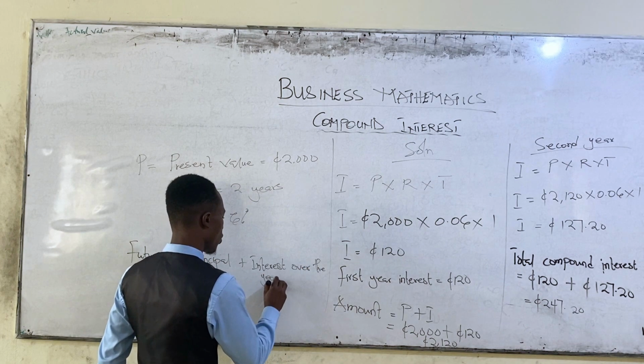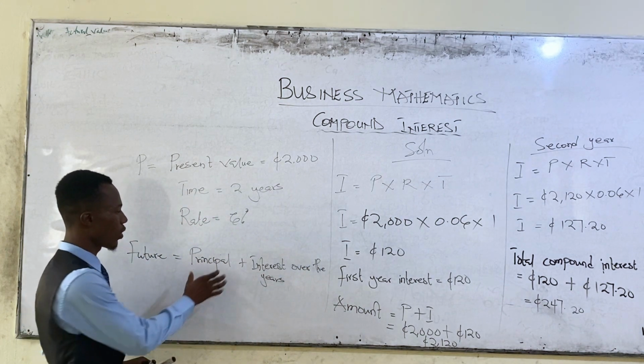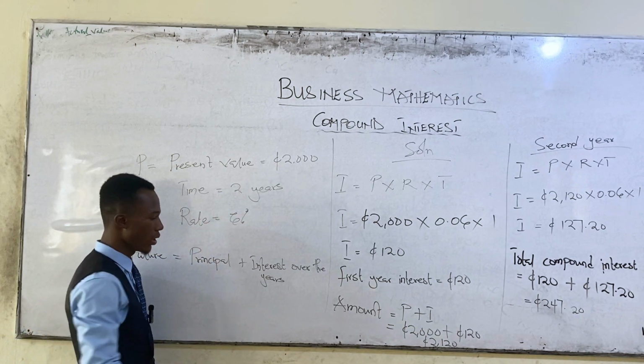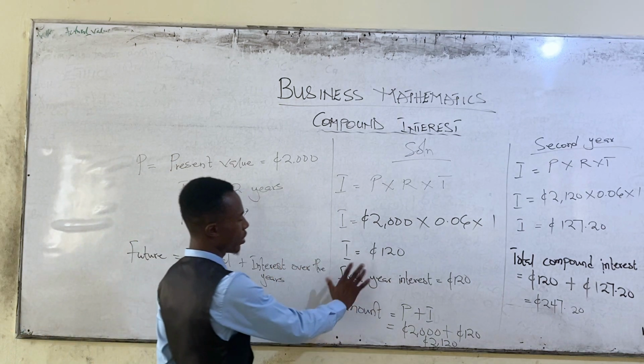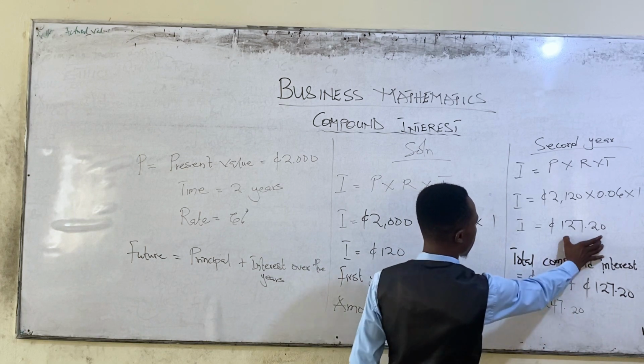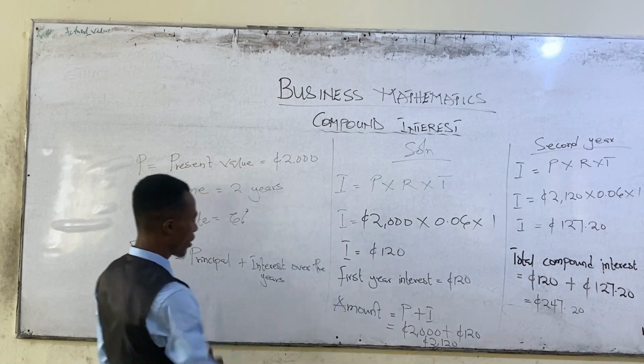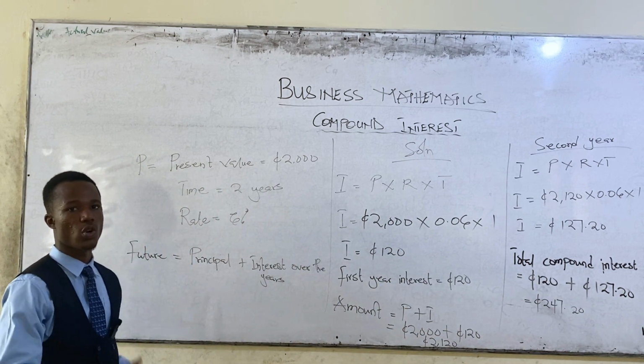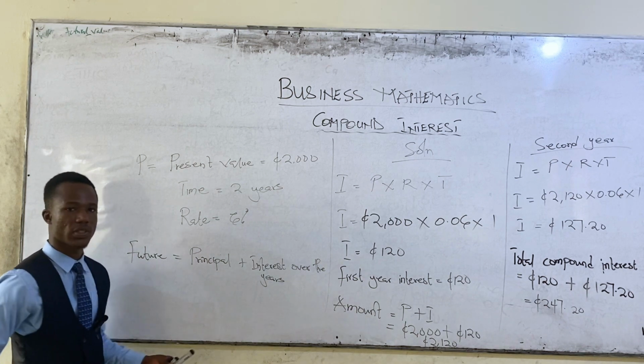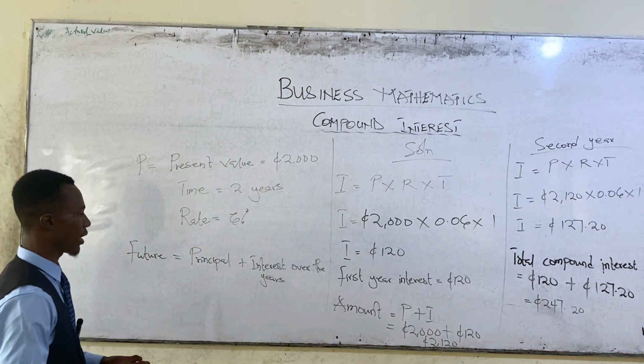Okay. So you see, you have the principal from the question already. And the interest over the years, we calculated for the first year and the second year. So you are going to add everything to get your future value, or the maturity value, or the amount, or the compounded amount.